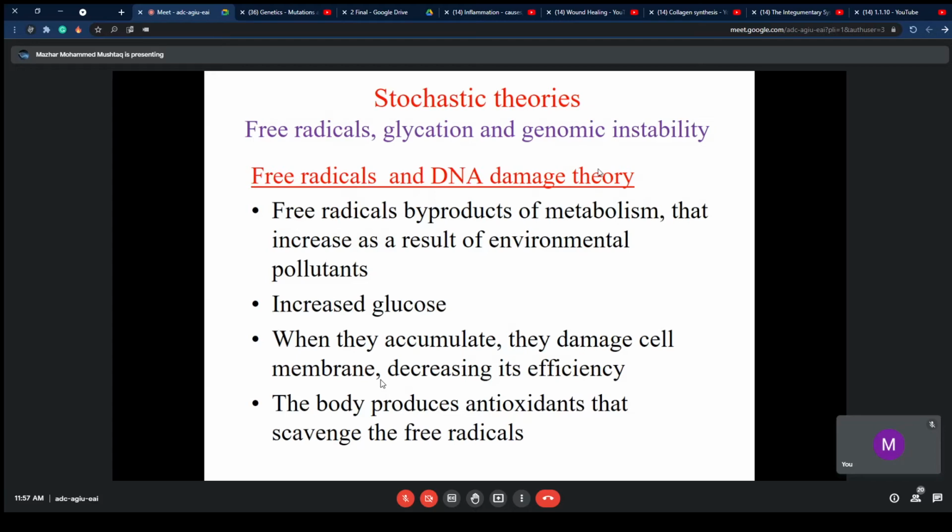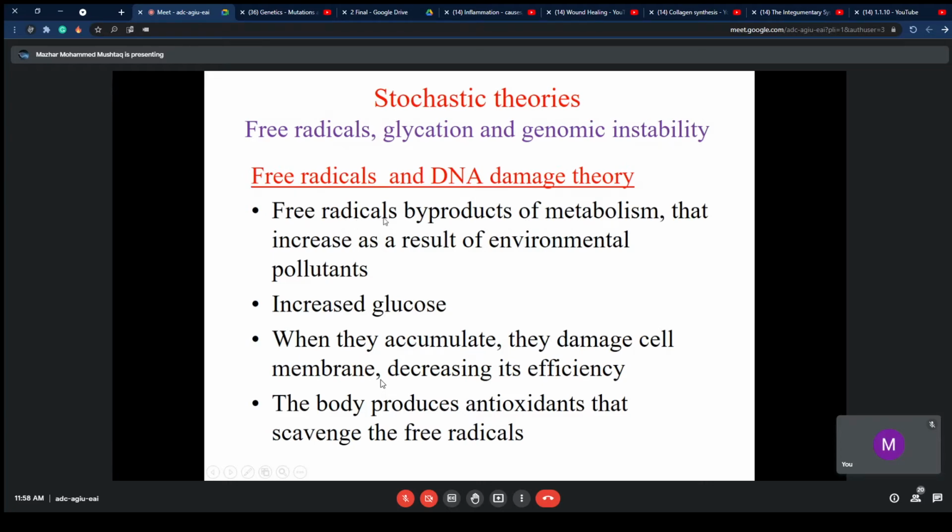Okay. So in this stochastic theory, what happened? There is a production of free radicals, glycation, and genomic instability will prevail here. In this free radical and DNA damage theory, these free radicals are continuously produced as a byproduct of the metabolism. You know what free radicals are?